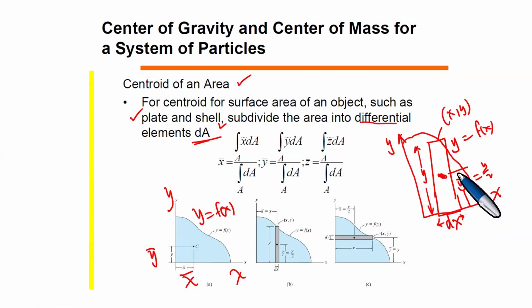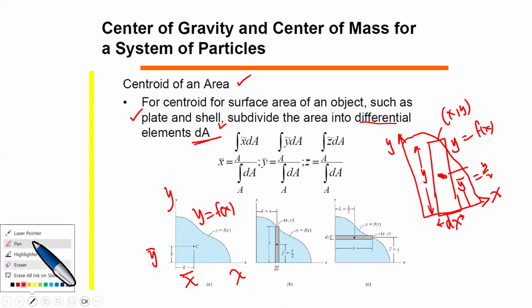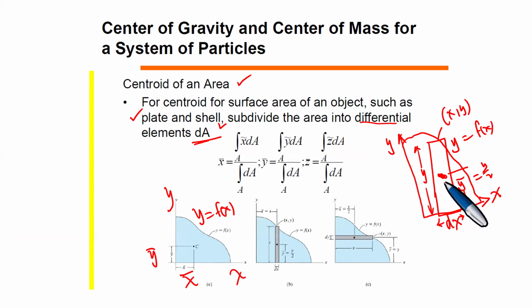This is the center of this particular rectangle, but because it is a slice, we're going to call it y tilde. Also, now we're going to look at the distance horizontally.